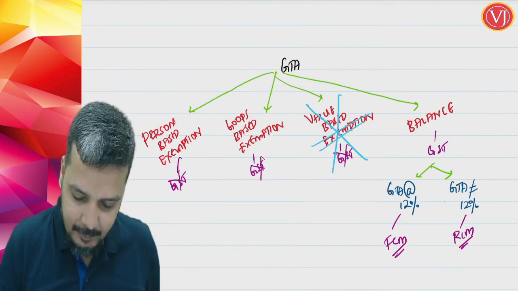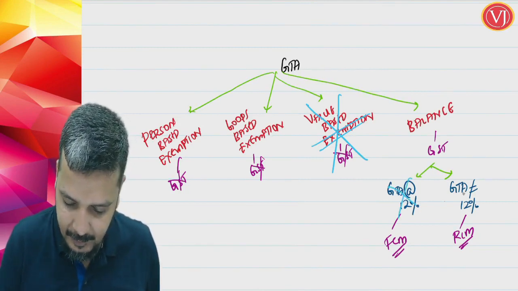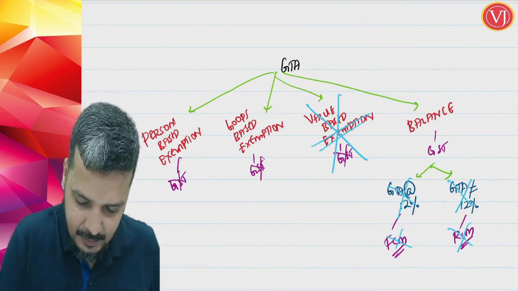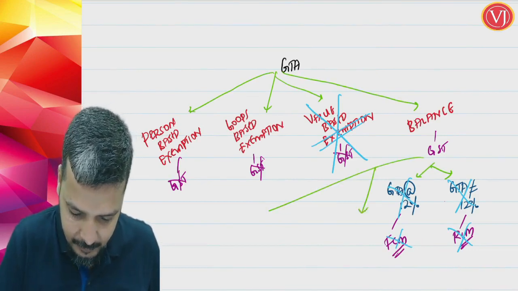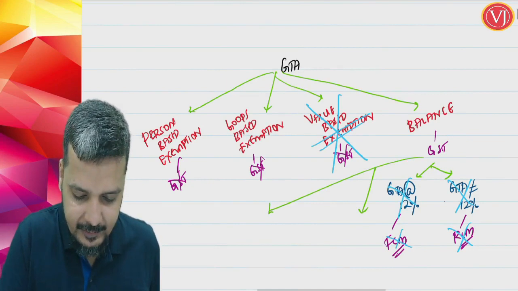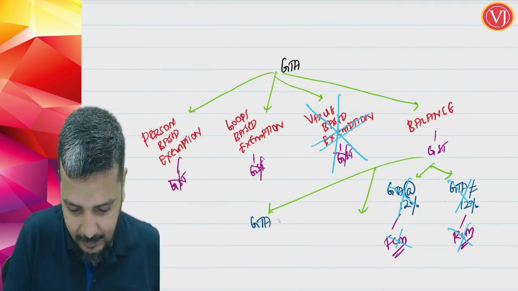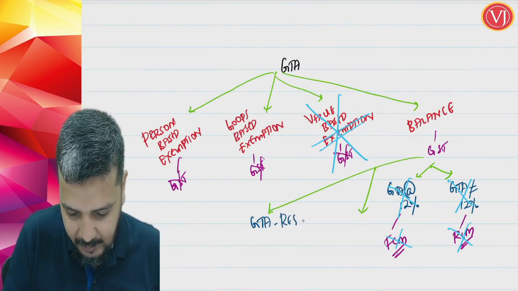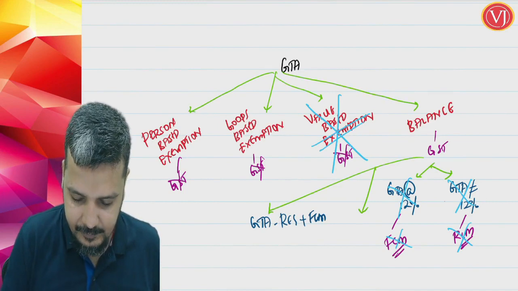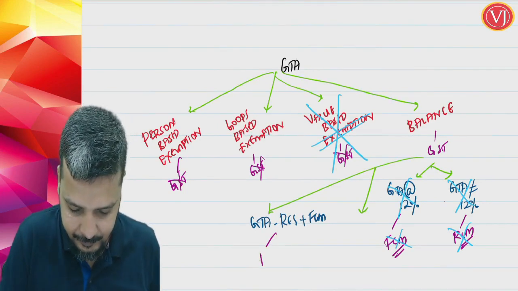Now when it is taxable, the way of your FCM and RCM has changed. The moment it is taxable, if GTA is telling that I am registered and I want FCM, then it would be FCM.